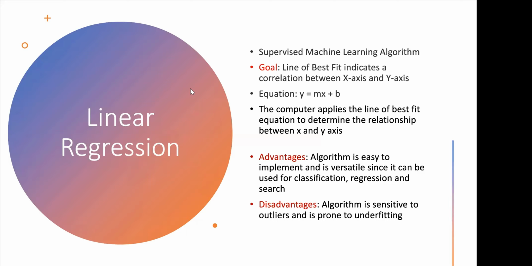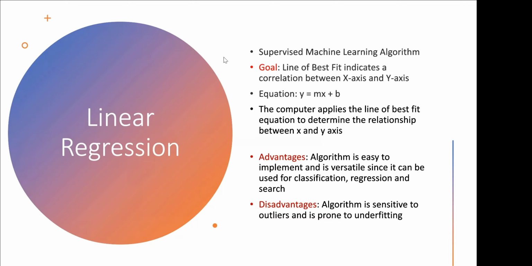You can have it on a multi-dimensional graph if you use more attributes to analyze, but we're not going to make it that complex. We're just going to be looking at a couple attributes and plotting them on a 2-dimensional graph on the x-axis and y-axis. Our objective is to determine the correlation between the x-axis and the y-axis. What is the relationship?